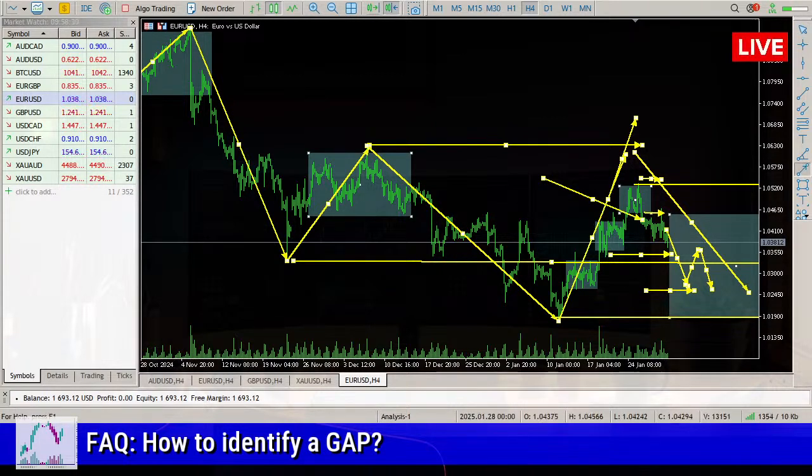But for example, after breaking this one, it returns back here and goes up again, so rejection here, that will be another story. I will take this one. I will consider this one as excess liquidity, or call it a sweep area, liquidity sweep.